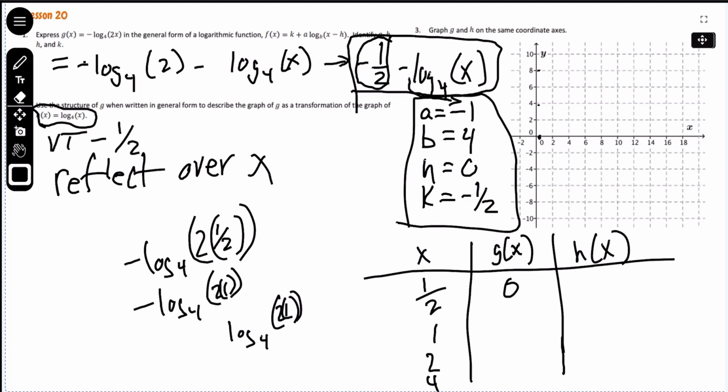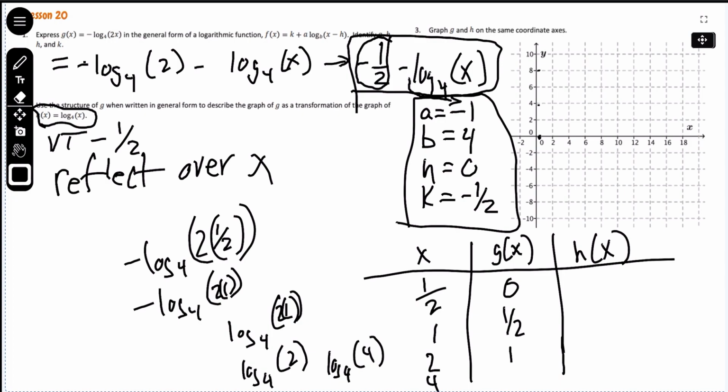Okay. So log base 4. How do we get it to be a 2? Well, that's going to be a 1/2, right? Log base 4 of 2 would be 1/2. Now we have log base 4 because it's 2 times x, and that would be 1.